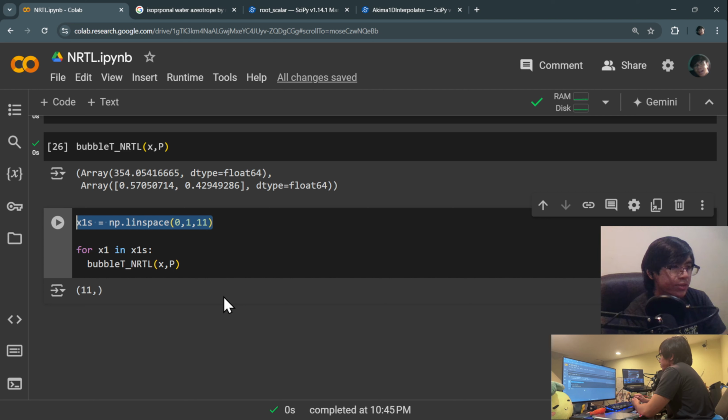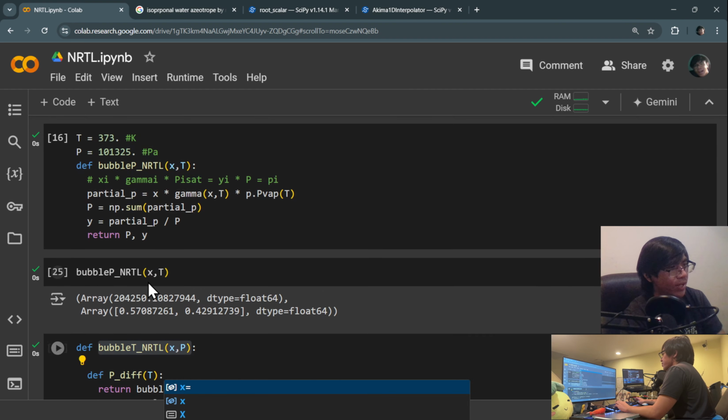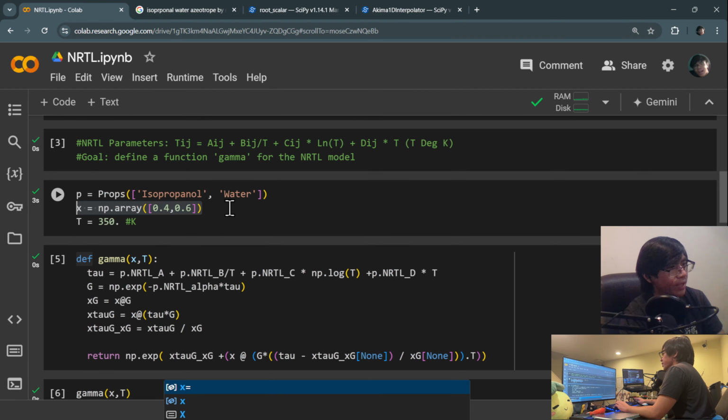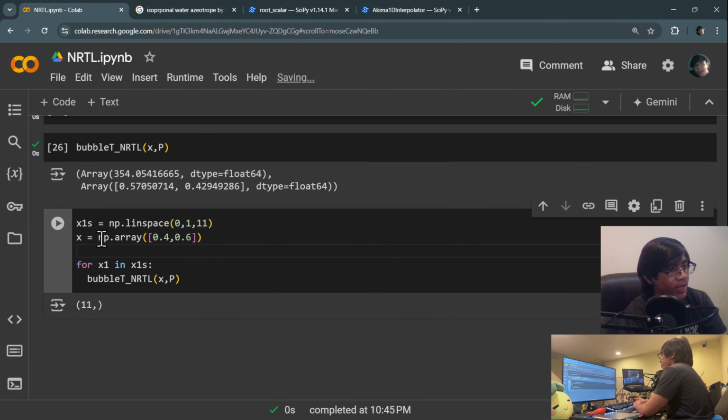So something I could do is, I don't know if I want to define it this way. Yeah, we'll just put it inside. So we'll need to make something similar to X. X was essentially this right here. I'll go ahead and copy this, but we need to format it the same way as if one of these is our isopropanol and the other one is our water. I think it'd be easier if we make this isopropanol.